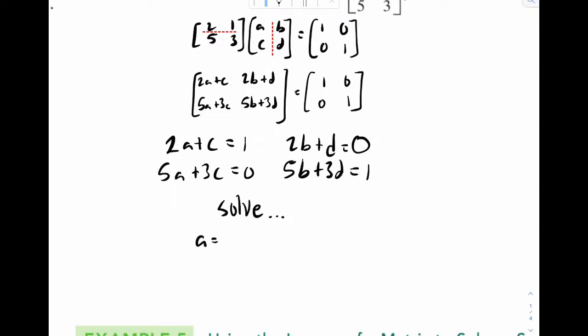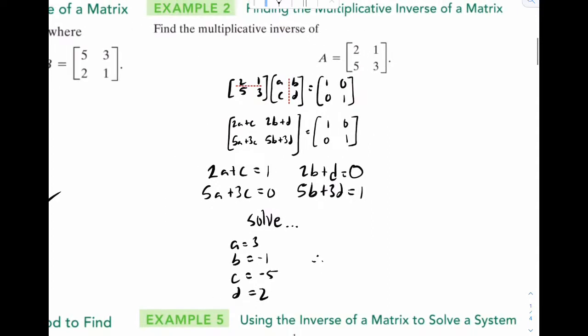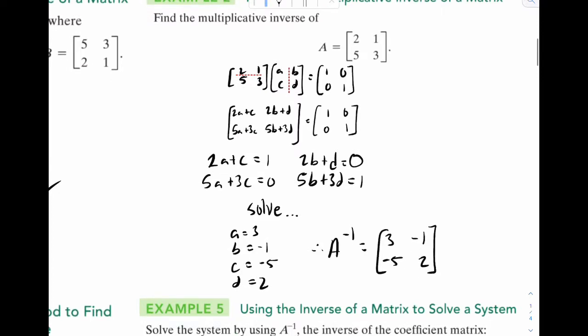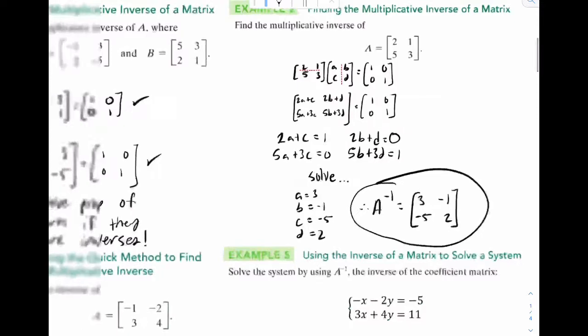You're going to get a equals 3, b equals -1, c is -5, and d is 2. Therefore, A inverse is going to be 3, -1, -5, and 2. And there's your inverse. So that's one way to do it. Basically, you make a system and solve it.